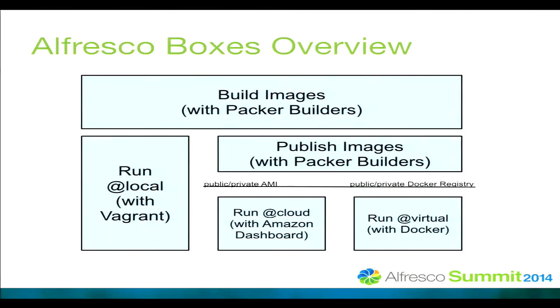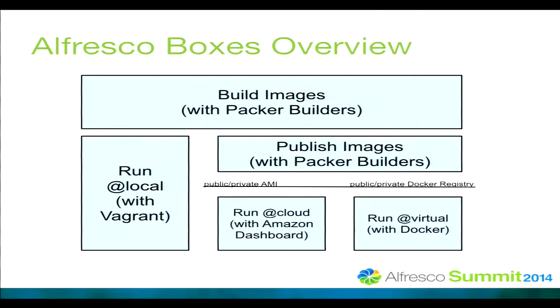As you can see, the concepts stand on top of building images, running them maybe locally with tools like Vagrant, or publishing them into public or private marketplaces with AWS or Docker registry. And then as soon as they're published, you can use them to spawn and run your architecture.